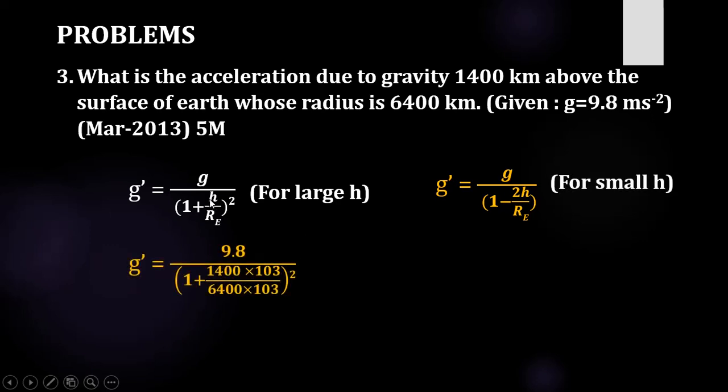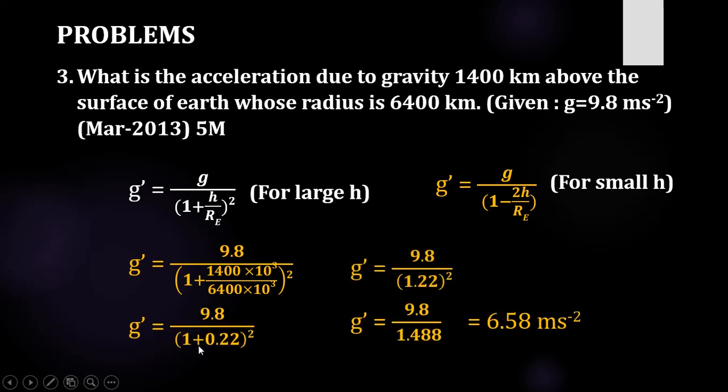If you put the values, small g 9.8, 1 plus h value is 1400. It is not simply 1400 meter, it is 1400 kilometer, so you have to multiply 10 to the power of 3, divided by 6400 kilometer, again you have to multiply 10 to the power of 3, then it will be square.